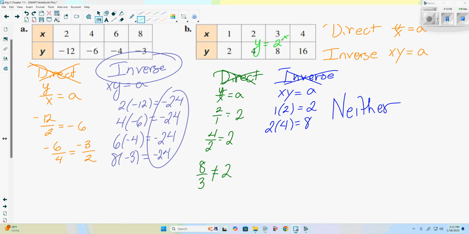Specifically, this set of values actually lines up with 2 to the x. It's actually an exponential function. Because 2 to the first power is 2, 2 squared is 4, 2 to the third power is 8, and 2 to the fourth power is indeed 16. It's an exponential function and increases faster and faster. But it is not direct or inverse.